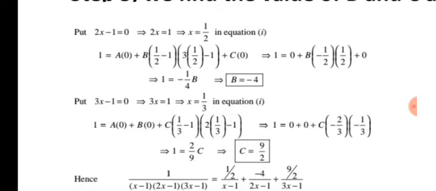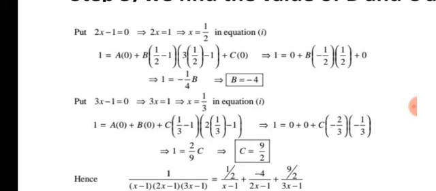In the same way, the value of c is to be evaluated. So when we put 3x minus 1 is equal to 0, 3x is equal to 1, x is equal to 1 over 3, the value of x will be used where there will not be 3x minus 1, as 3x minus 1 is equal to 0.